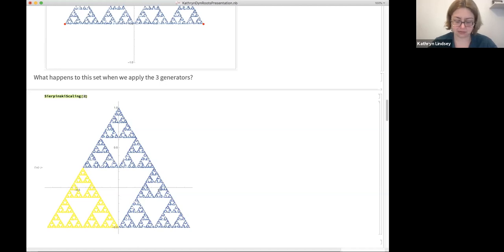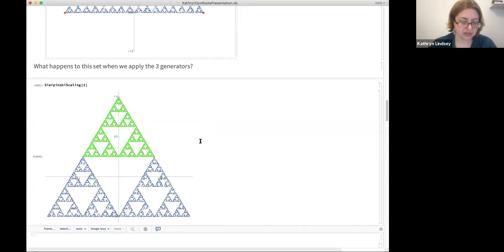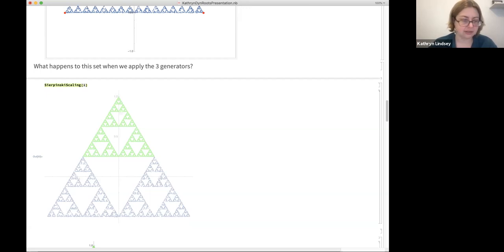What if we apply F2 to the whole blue-purple shape? F2 takes the whole shape and sends it to just this upper part that's shown in green. And what if we take the whole purple shape and apply F1? Well, I think you can guess.